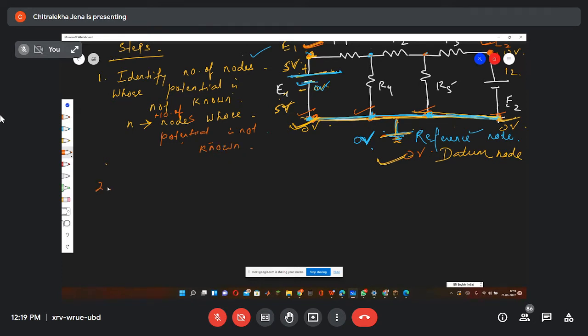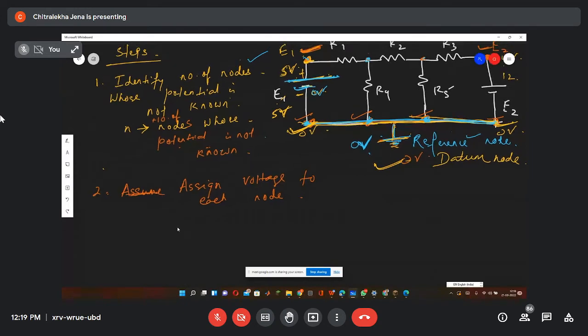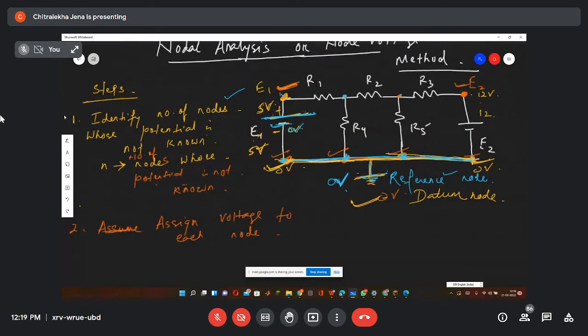Am I clear now? Now the second point is that you have to assign voltage to each node. Now you will work with the nodes whose potential is not known to you.